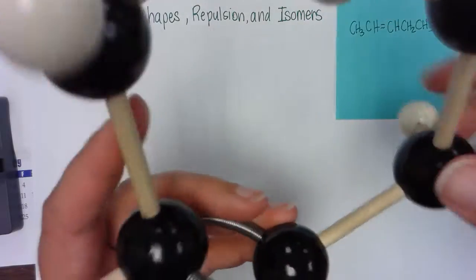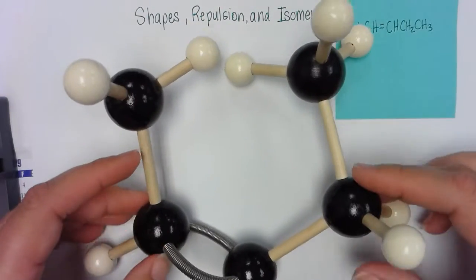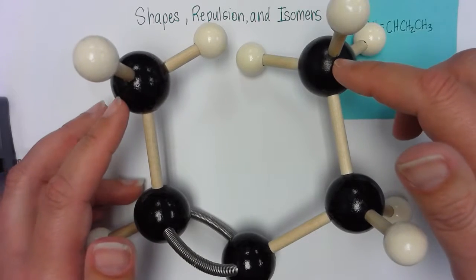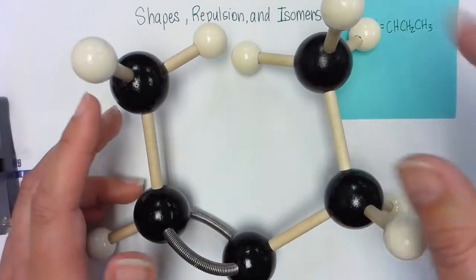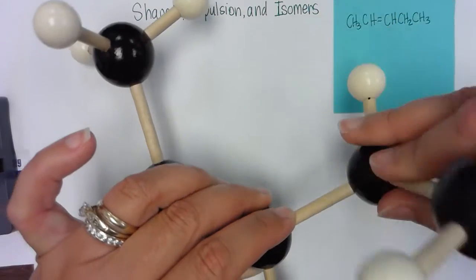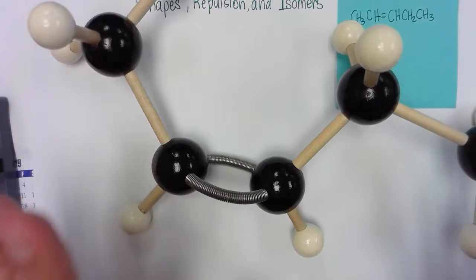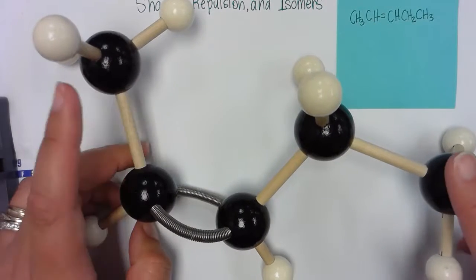This would probably never happen as I have it drawn here or shown here with this CH3 and this CH3 being so close to each other, because all these hydrogens are going to get in the way. So this one would tend to orient in a different direction so that it is not repelling from carbon 5 and carbon 1.